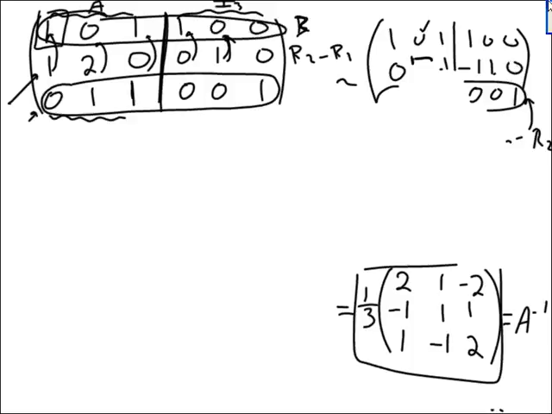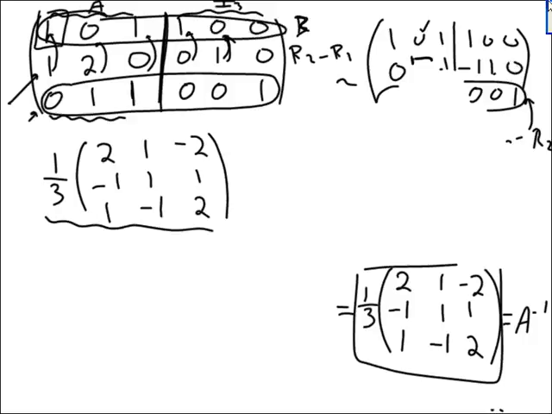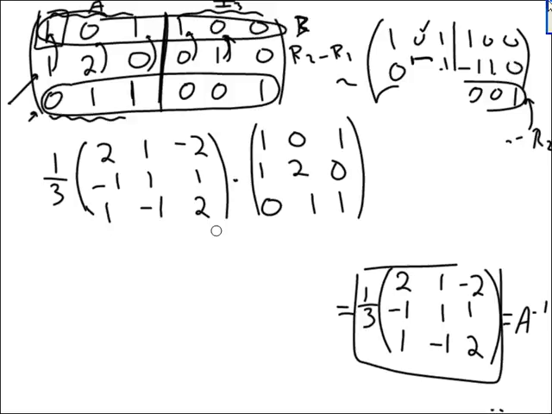Alright, so I'm going to take the inverse, 1/3 times 2, -1, 1, 1, 1, -1, -2, 1, 2. That's A inverse, and I'm going to multiply it by A: 1, 0, 1, 1, 2, 0, 0, 1, 1. And like I said earlier, you can do the scalar multiplication at the end.